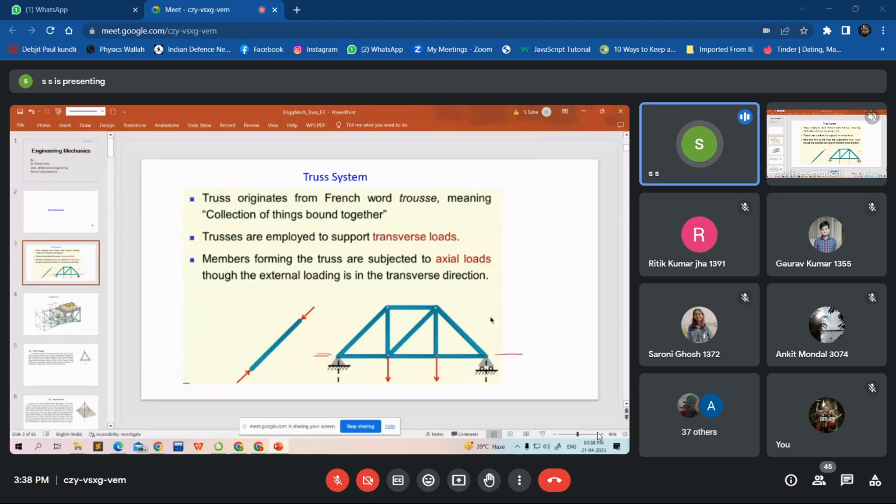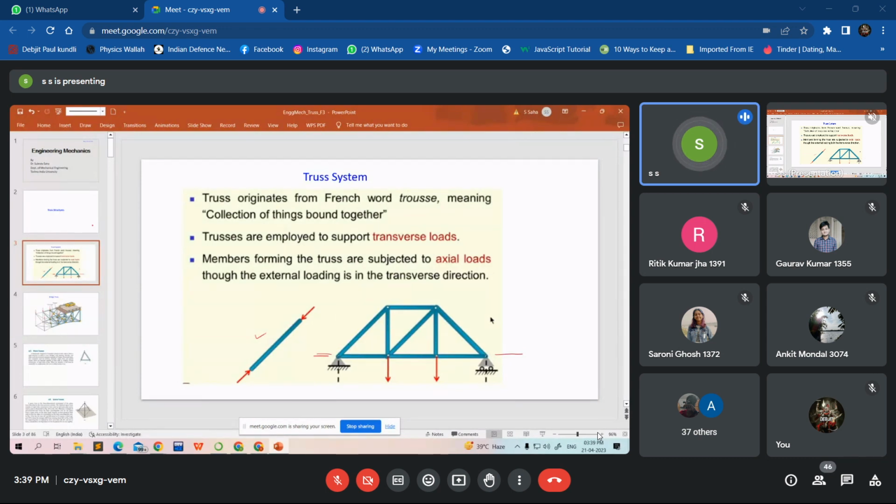A truss is a collection of members whose function is to support transverse load. But if you see this member, which is a typical member, here the loads are always axial. As you have studied, for a member to be in equilibrium, the load has to be axial, and they have to balance each other.